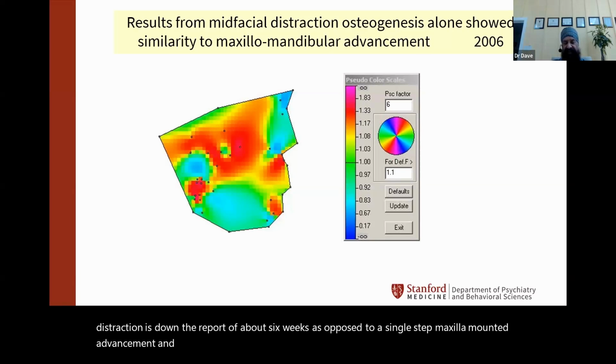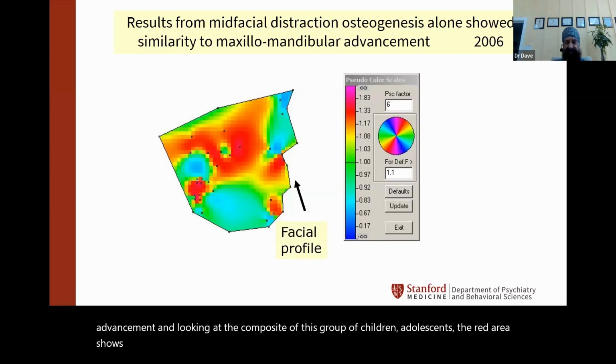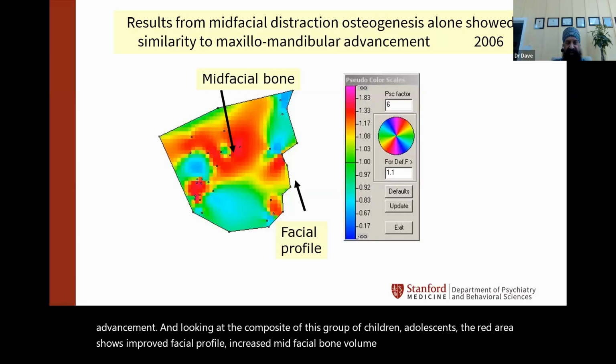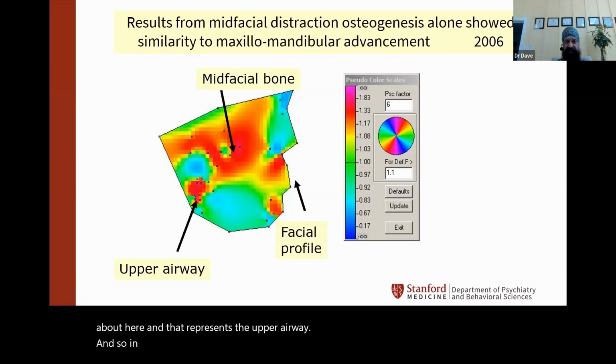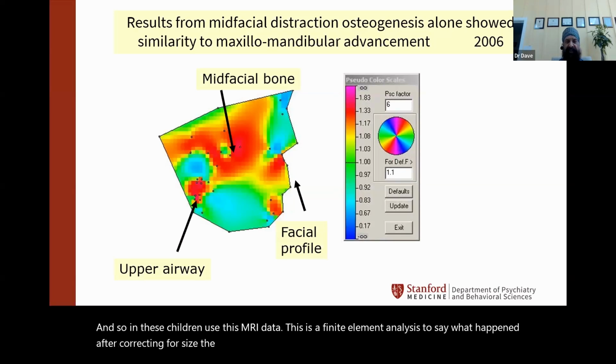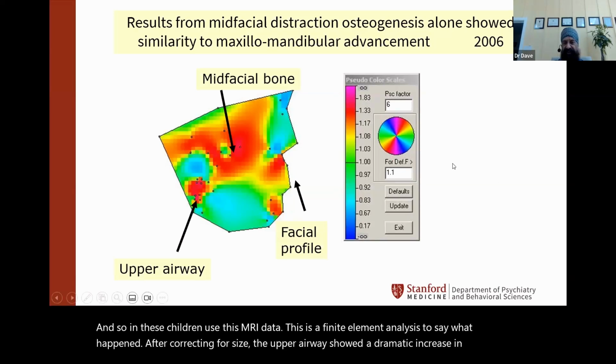Looking at the composite of this group of children and adolescents, the red area shows improved facial profile and increased midfacial bone volume, and there's a red area right about here, and that represents the upper airway. In these children, using this MRI data, this is finite element analysis to see what happened. After correcting for size, the upper airway showed a dramatic increase in size according to this analysis.